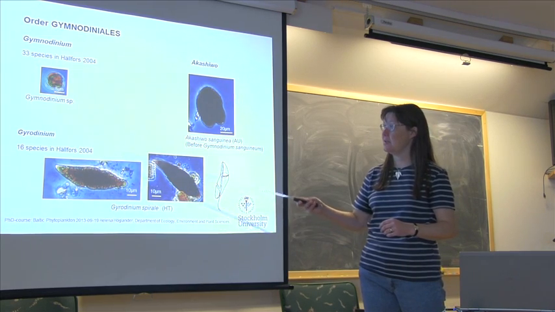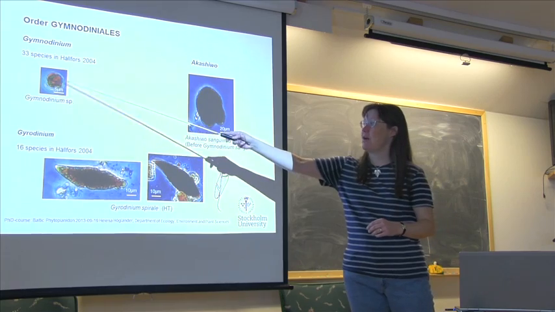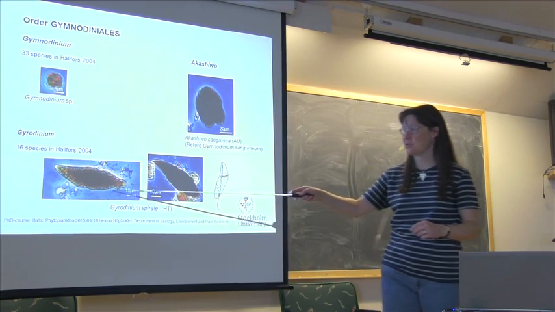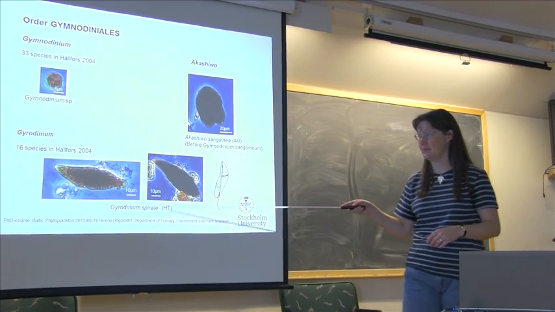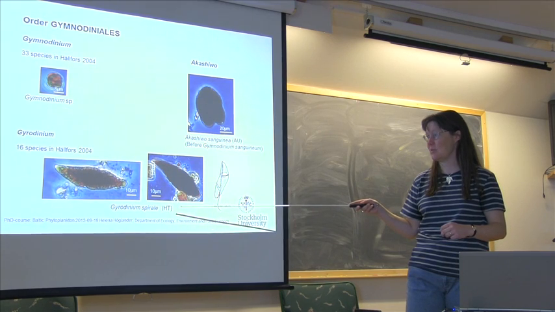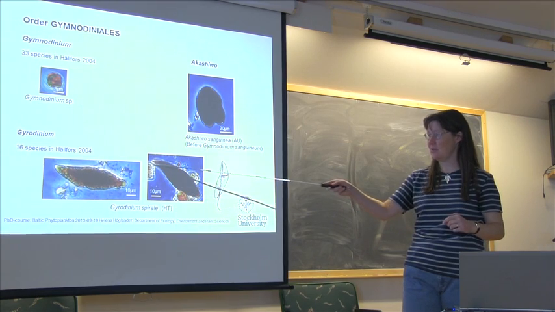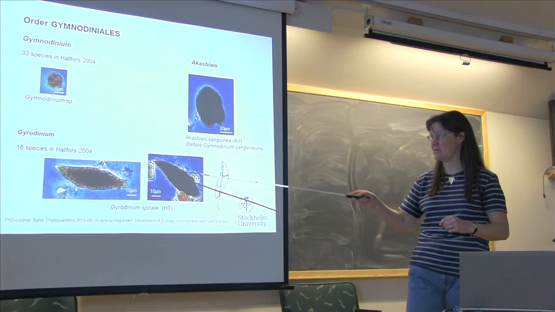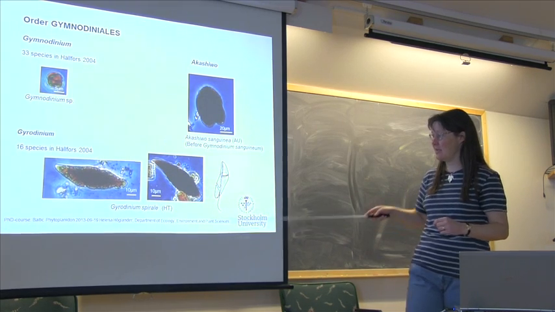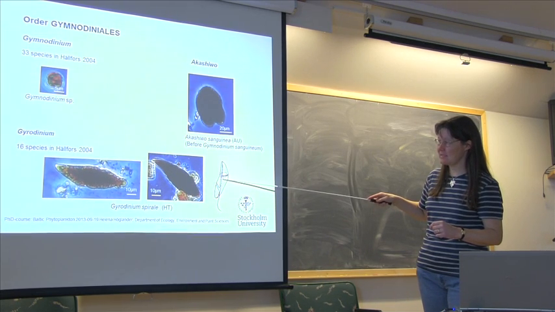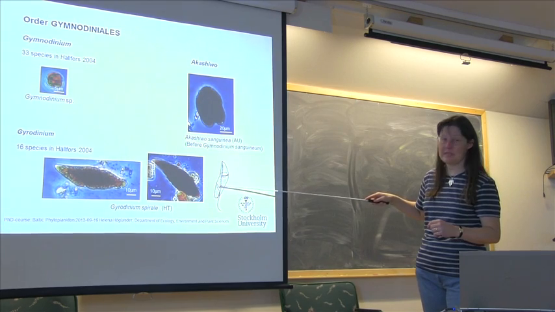The Gymnodinium are more roundish, and this Gyrodinium is like two cones together. This is a common heterotrophic species in the Baltic, and they can be big compared to everything else, around 100 microns in length. And in this one, you can see that the cingulum, or the girdle, can be distorted.